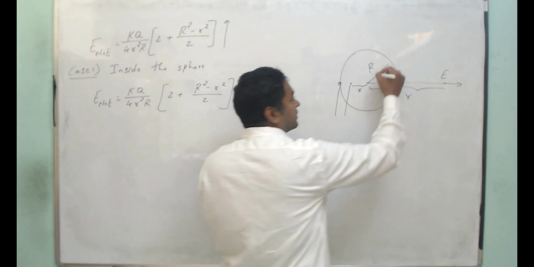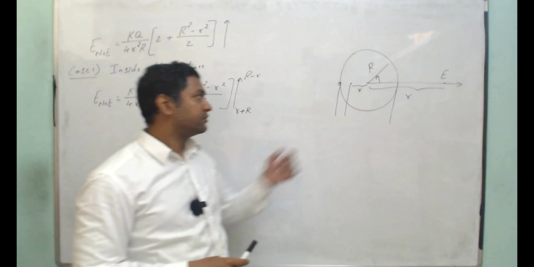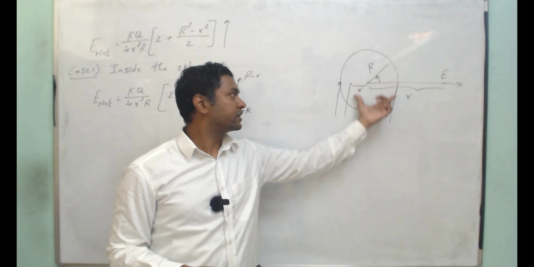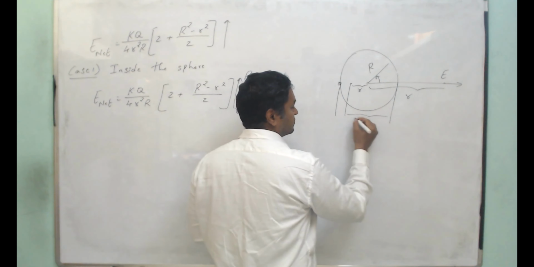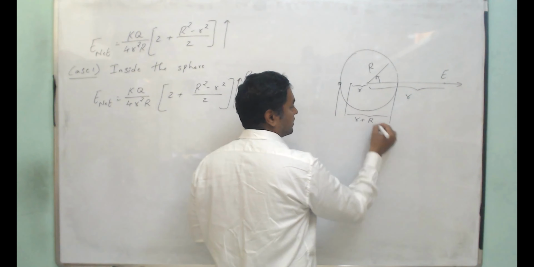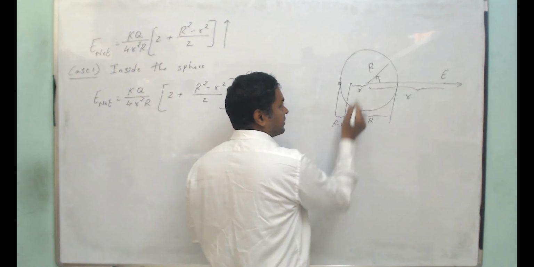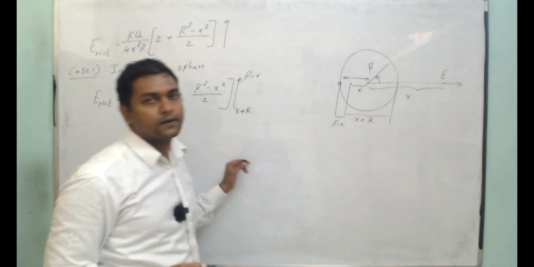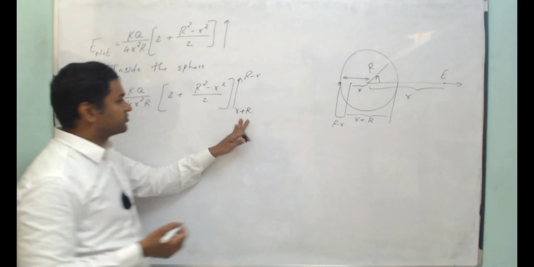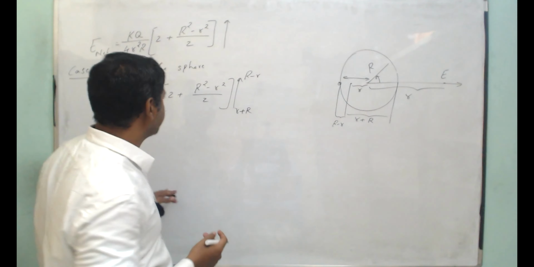So the lower limit is small r plus capital R, and this distance is capital R minus small r, the total radius minus small r.